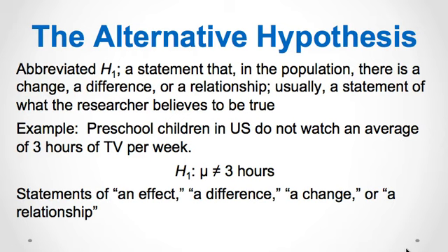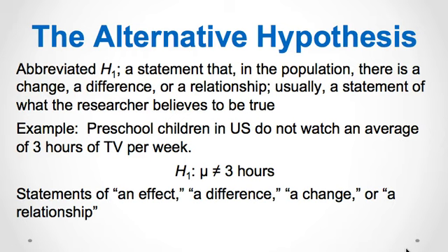The alternative hypothesis is a statement that in the population there is a difference, a change, an effect, a relationship. It directly contradicts the null hypothesis by stating that the actual value of a population parameter is less than, greater than, or not equal to the value stated in the null hypothesis.